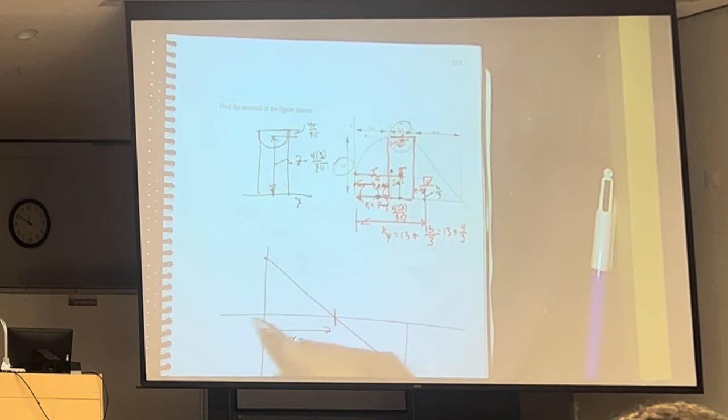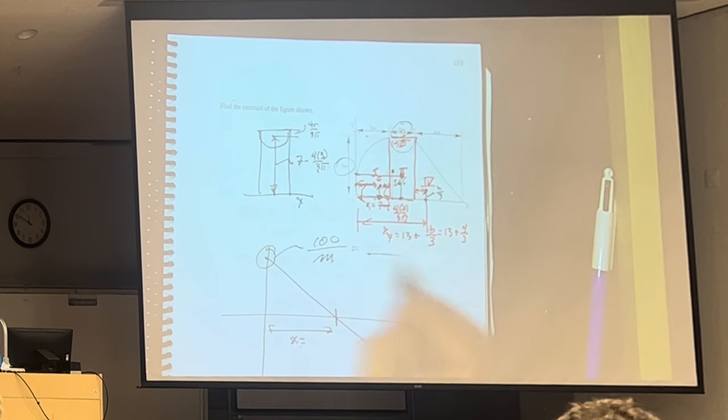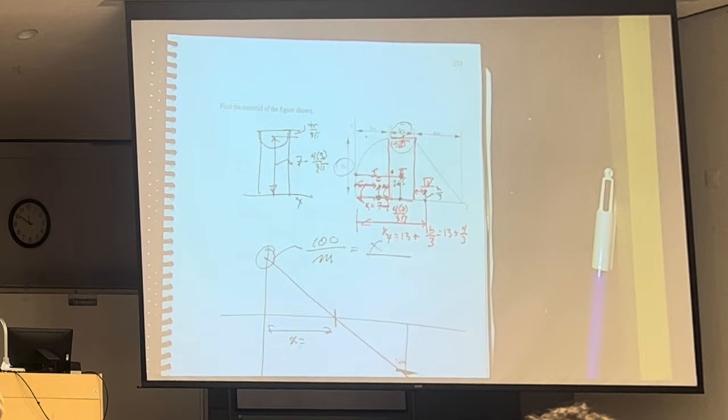So he was doing similar triangles, and I'm like, why is he doing similar triangles? Can you do similar? Yes. However, we get this by saying, hey, that number, let's call this 100, divided by the slope gives me x. I didn't have to use similar triangles, but you can.